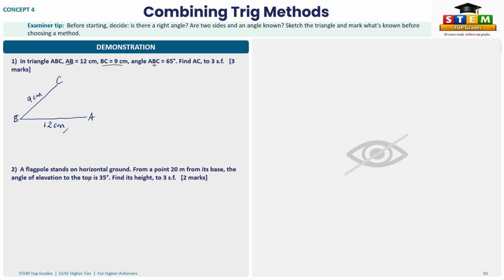BC is 9 centimeters. Now I can draw my line from A to C. It says ABC equals 65 degrees. Sometimes you make a mistake, and it's good to learn from a mistake. So what we're looking for is to find AC.